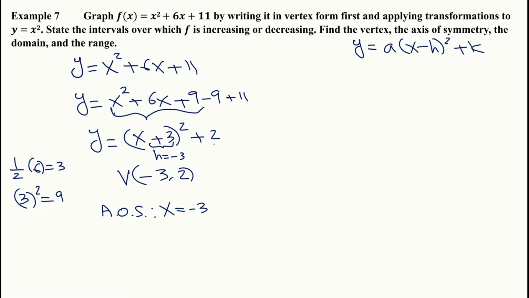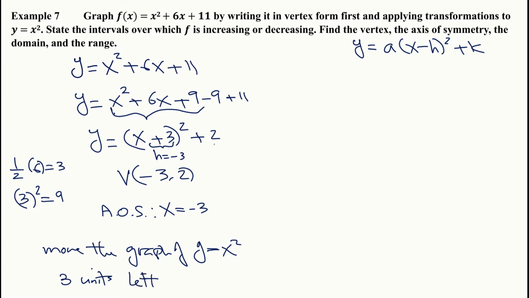Now, to get this graph from the graph of y equals x squared, move the graph of y equals x squared 3 units to the left, or you can say leftward, and 2 units upward.